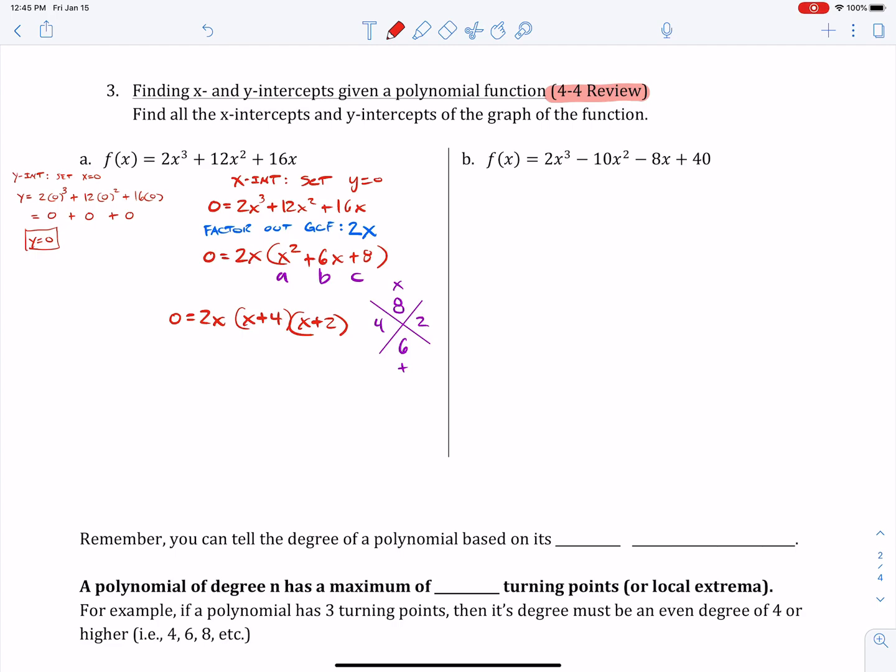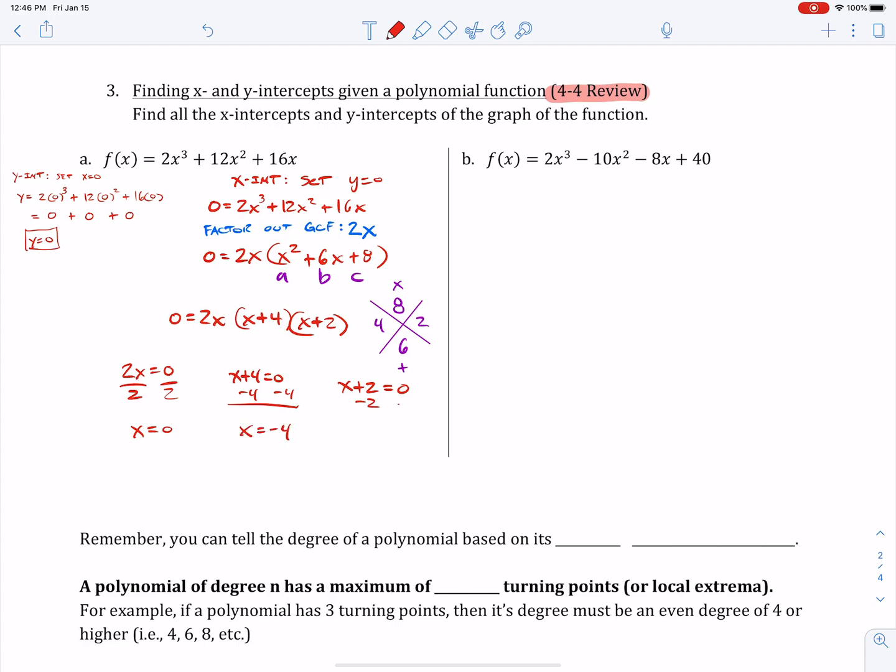From there, what we want to do, if you remember, is set each part with an x equal to 0 and then solve for x. So we have 2x equals 0. We have x plus 4 equals 0. And then we have x plus 2 equals 0. And let's solve for the value of x. So x equals 0 there. I'm going to subtract 4 from both sides. x equals negative 4.